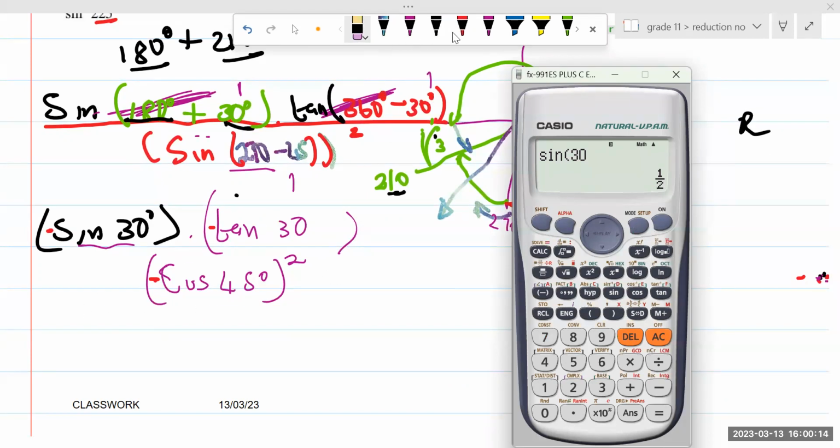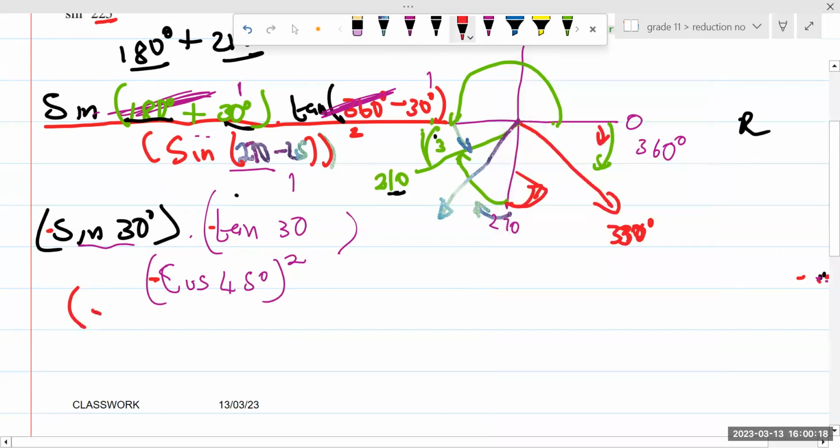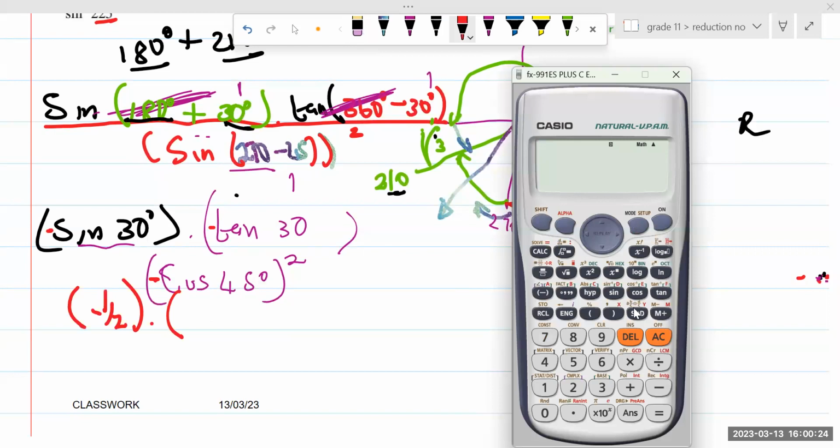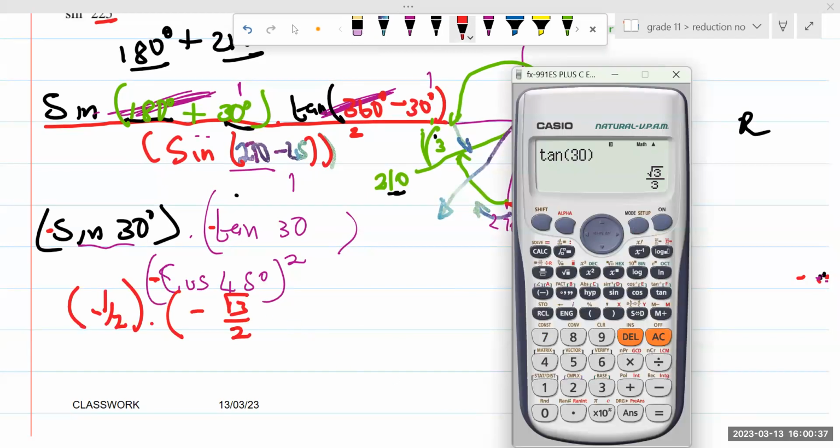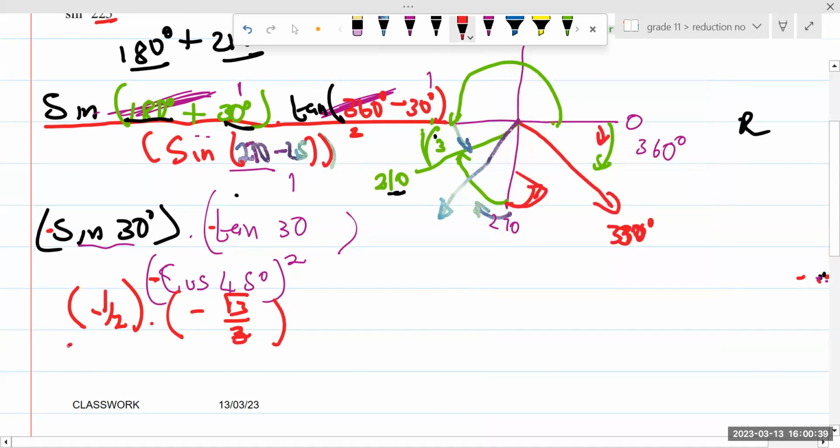So the sine of 30 is going to be given as open bracket minus 1 all over 2 multiplied by the tan of 30 degrees. This gives us minus √3 all over 3, if I'm not mistaken. Close bracket.